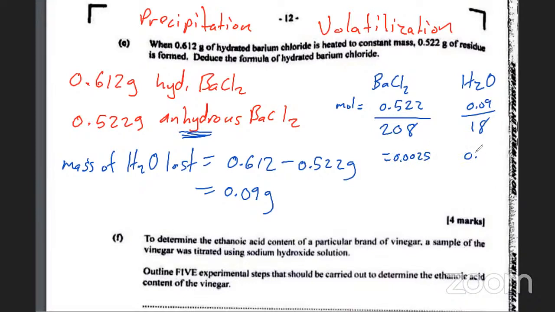This is 0.0025. This is 0.005. When you do the calculation, the moles of the salt must be smaller than water. If not, you're doing something incorrect.